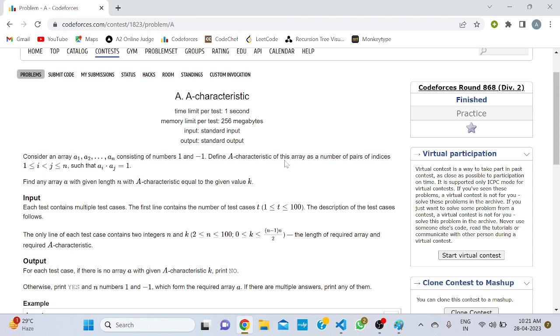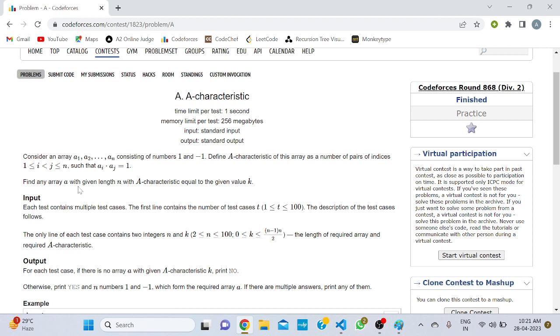Define a characteristic of this array as the number of pairs of indices 1 ≤ i < j ≤ n such that ai * aj = 1. So it is given that there is a characteristic a which is defined as the product of two elements of the array is 1.